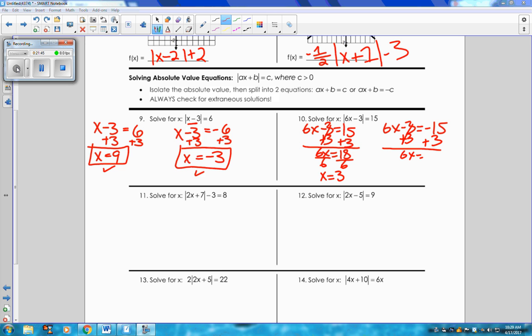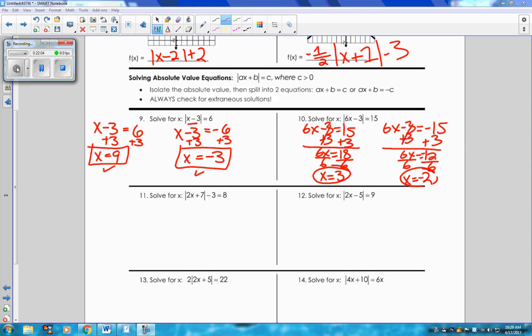When you put that number in, it has to be 15. Okay, that's fine. You can just leave it like that. But double check.